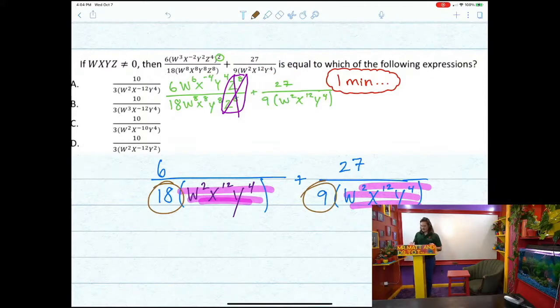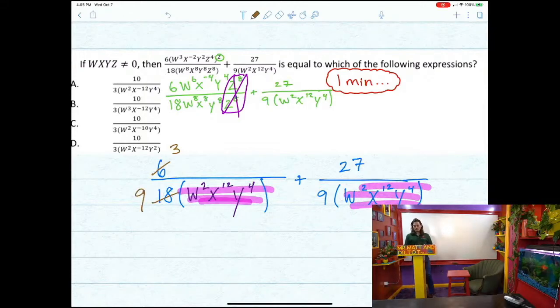If you eliminate each coefficient by a factor of 2, dividing the coefficient in the numerator and the coefficient in the denominator by 2, I'm reducing by a value of 2. So this would turn into 3 over 9.